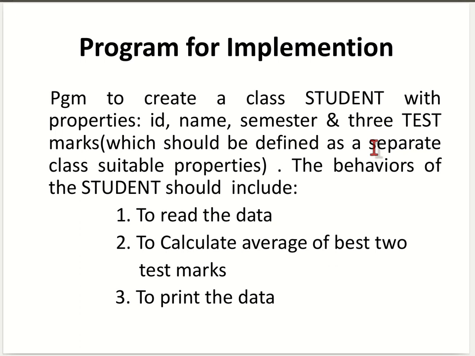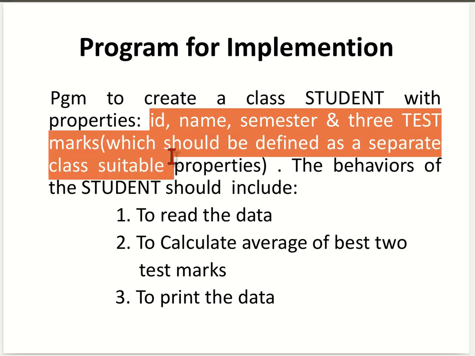This is a program for implementation that you can try. Write a program to create a class student with the properties ID, name, semester and 3 test marks, which should be defined in 3 separate class properties.